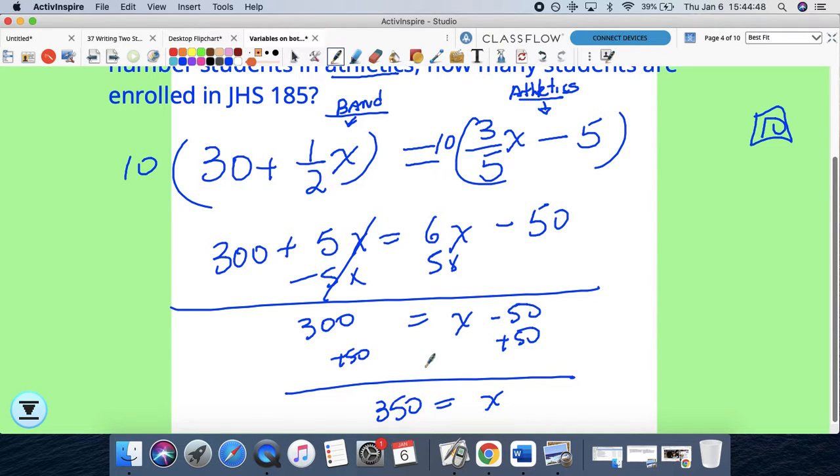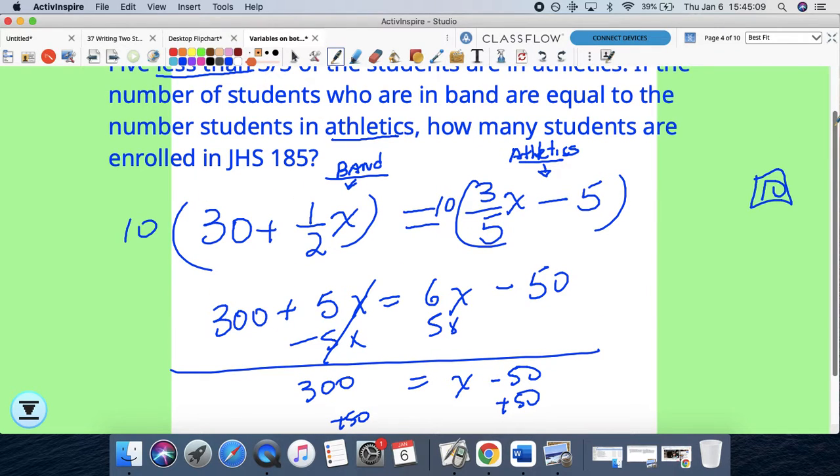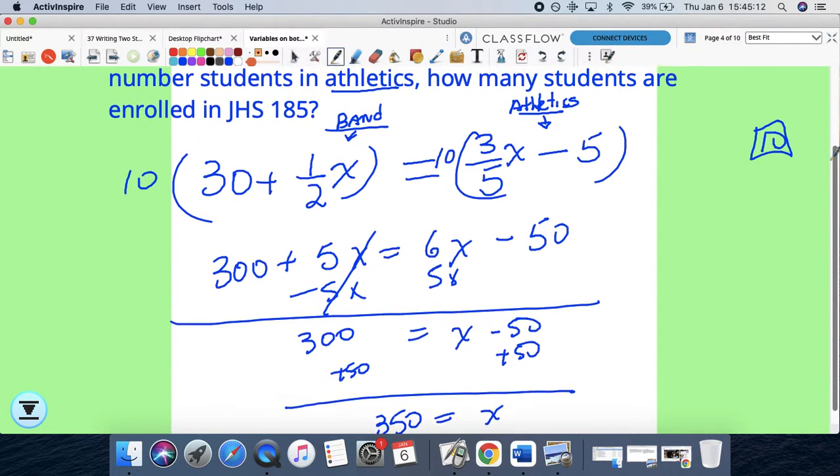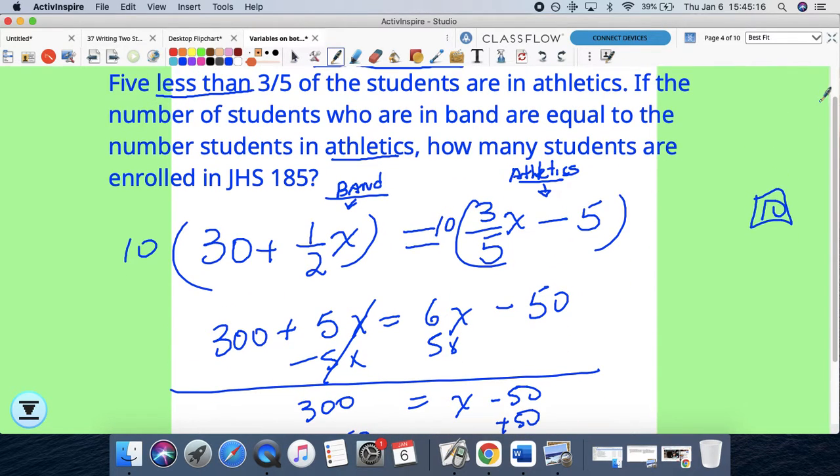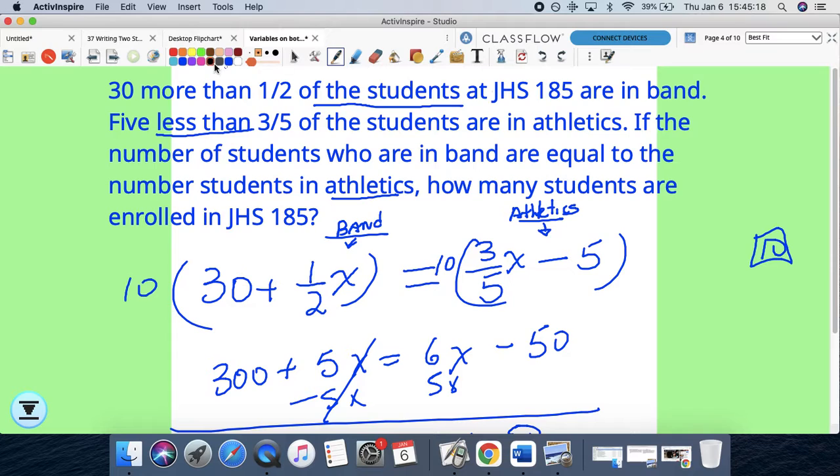So we know how many students are there, and then you can just plug in here and find the number of students in the band, and if you plug it in there, you should also get the number of students in athletics. But the question says how many students are enrolled in 185. In this case, it's 350.